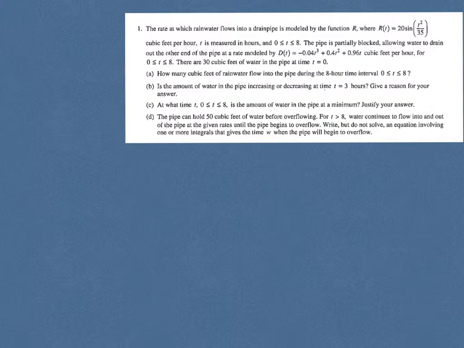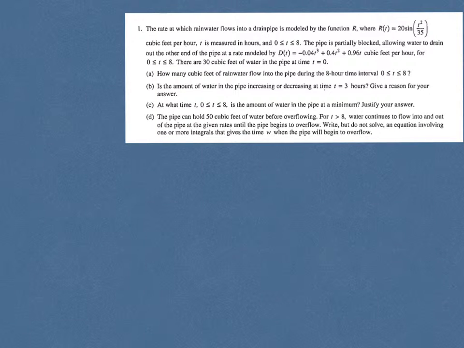Now, one of the important concepts that they're looking at here is keeping in mind the difference between, if we look at it in terms of velocity, distance versus displacement. Remember, we talked in class about how the definite integral of velocity is going to be a displacement, while the definite integral of the absolute value of velocity, or the speed function, will give you a distance.